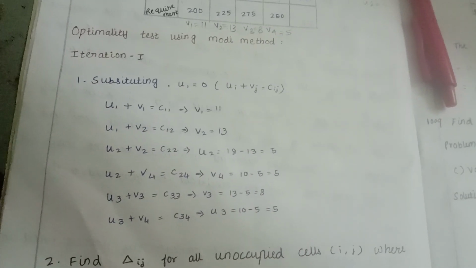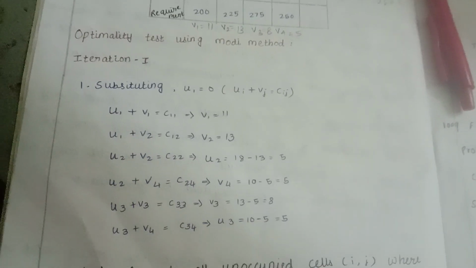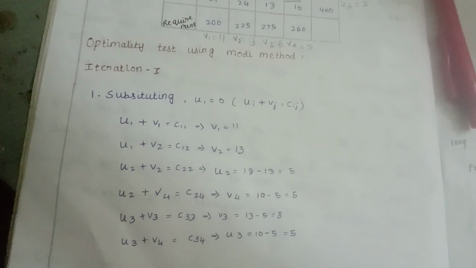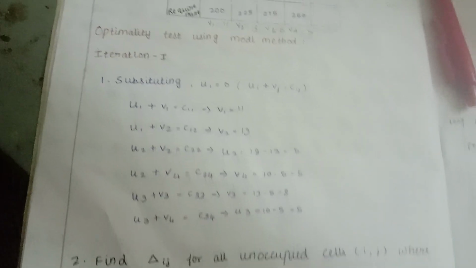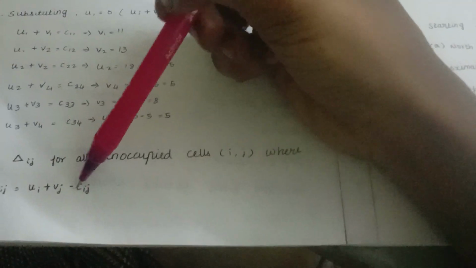So we have to find the optimality. The optimality test is that delta ij should be less than or equal to 0. So we have to check the unoccupied cells. The formula is ui plus vj minus cij equal to delta ij.